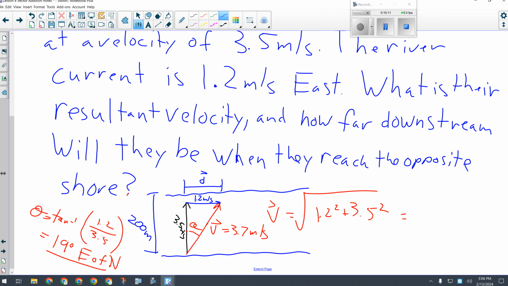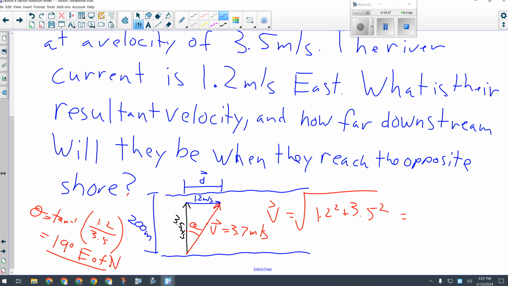Can I use that resultant velocity I calculated, the 3.7 meters per second at 19 degrees east of north, to do that? I can't. Why not? Because it's a vector that doesn't point downstream, does it? It points 19 degrees east of north.